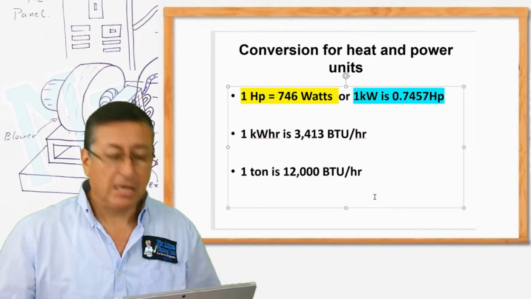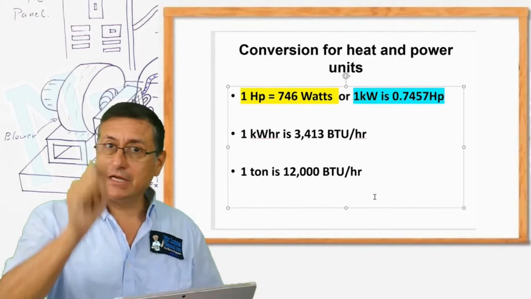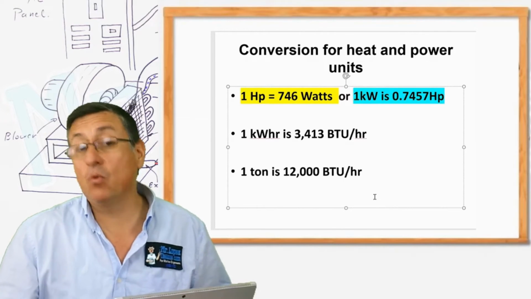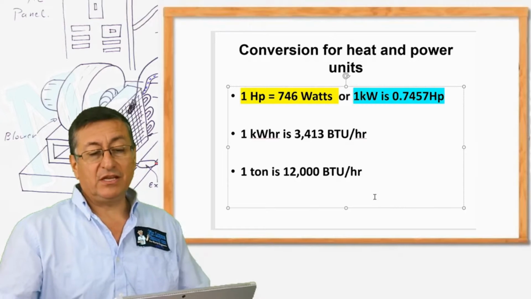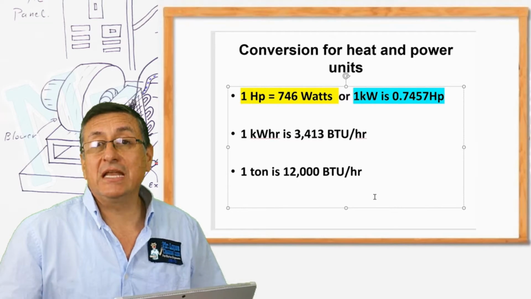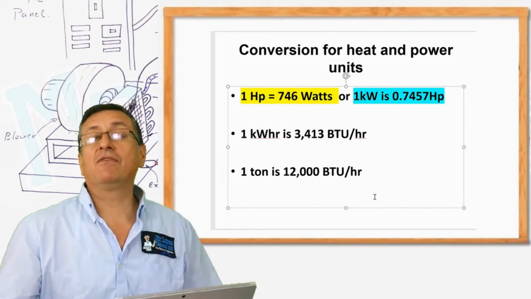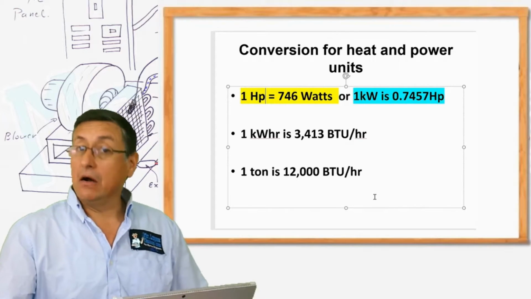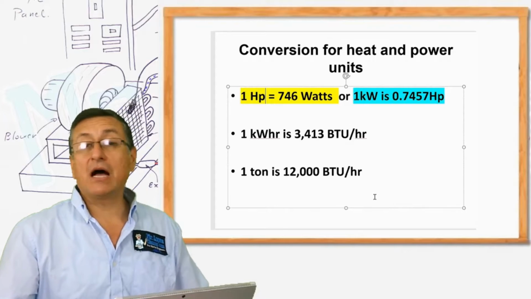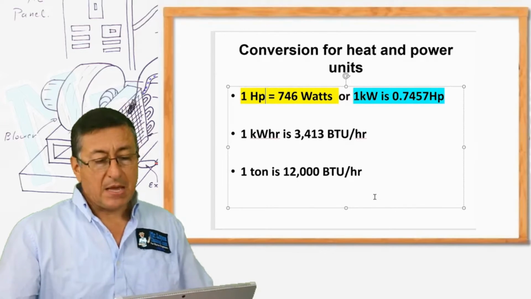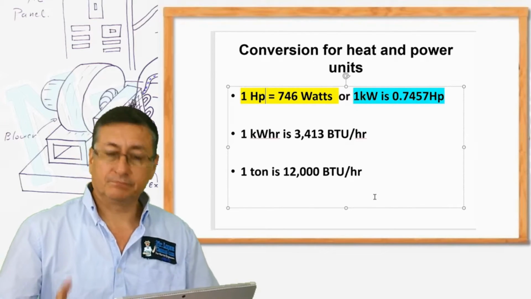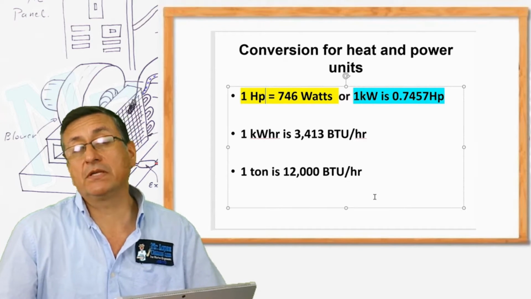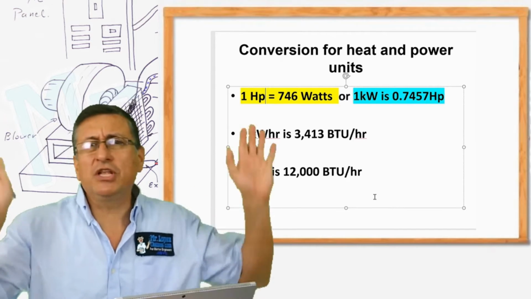Another important conversion is that 1 kilowatt is equivalent to 3,413 BTUs per hour. And 1 ton is equivalent to 12,000 BTUs. We don't need more conversions.